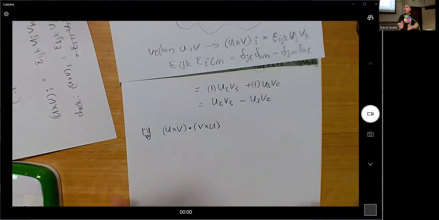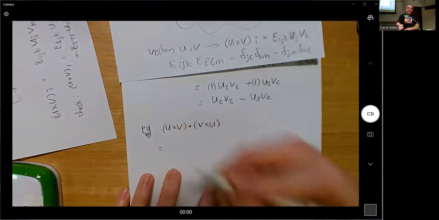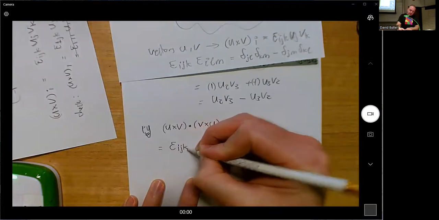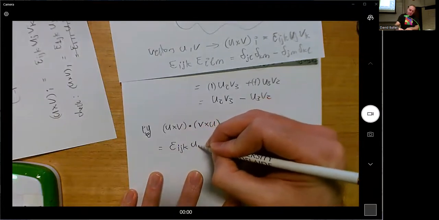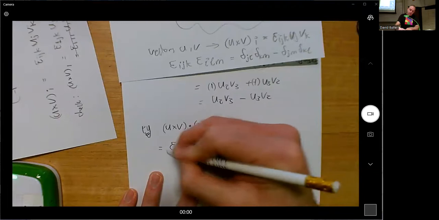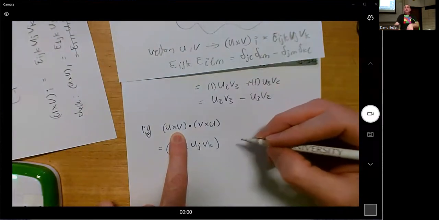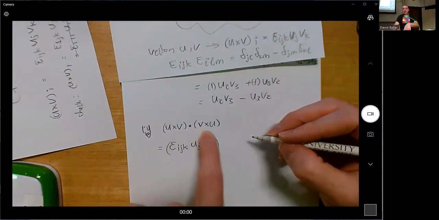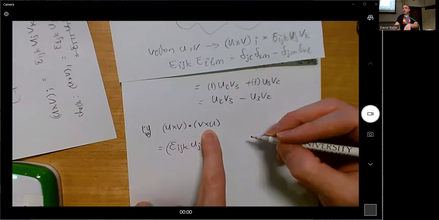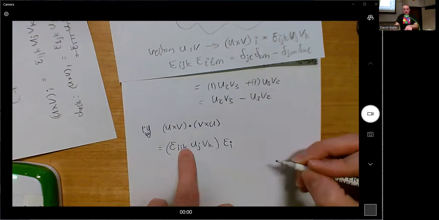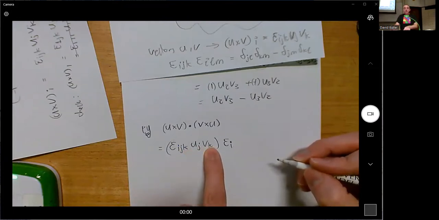So I don't need to worry about the I's and saying position I because it's just a number. So let's just do this. This is going to be epsilon I j k times U j v k. That's what position I of that thing is. And then I'm going to have to multiply by position I of this thing. But I've already used K here, and it's all going to be part of a product.